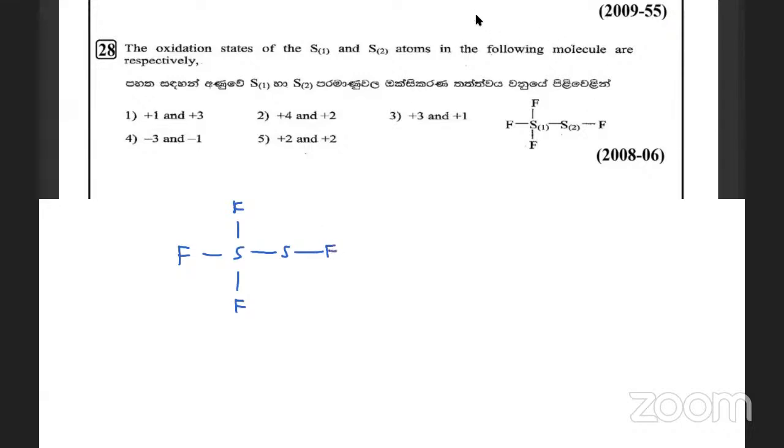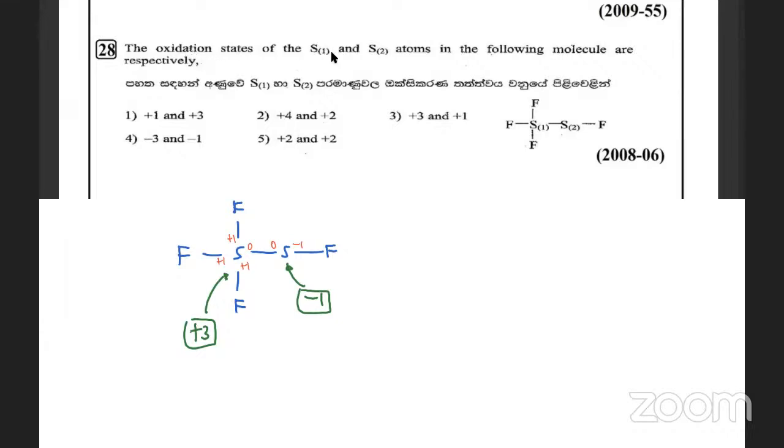Therefore, from each of these single bonds, sulfur is going to get +1, +1, +1, but from here sulfur is going to get 0 from this sulfur, because sulfur and sulfur are the same element. And this sulfur is also going to get 0 from this sulfur bond. Here it will get -1. Therefore, this sulfur has an oxidation number of +1, +1, +1, 0, so +3, and this one is -1.